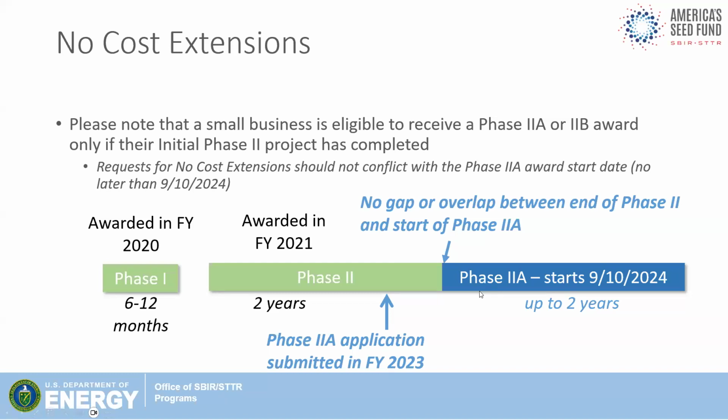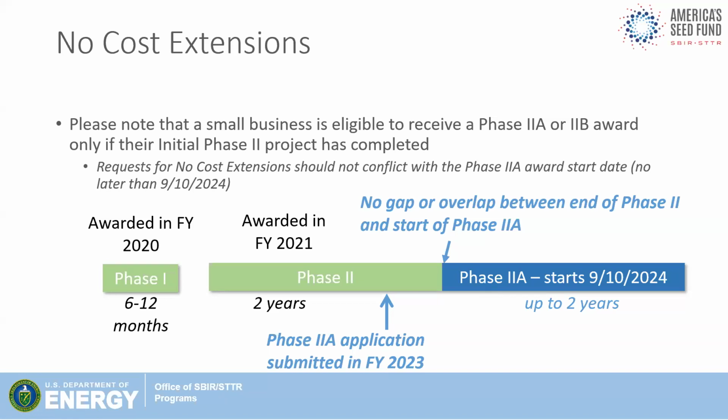For phase 2A, there is no possibility of doing a no-cost extension, because the end of the fiscal year is September 30th. If you are still running your phase 2 well past into FY 2025, which starts October 1st of 2024, you cannot get an award. So, very important.